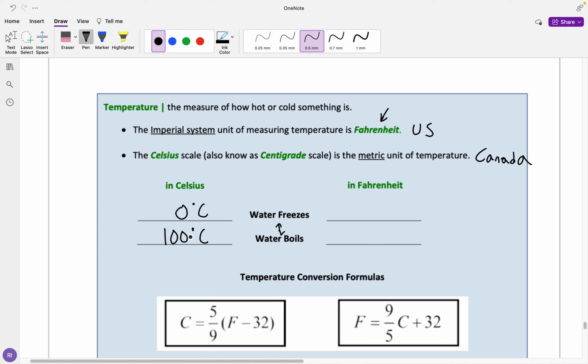And that's the reason we have 0 and 100. It's a 100-point scale between freezing and boiling. The Fahrenheit temperatures are a little bit more, I don't want to say arbitrary, but they're not as clean between 0 and 100. Water freezes at 32 degrees Fahrenheit, and then it boils at 212.